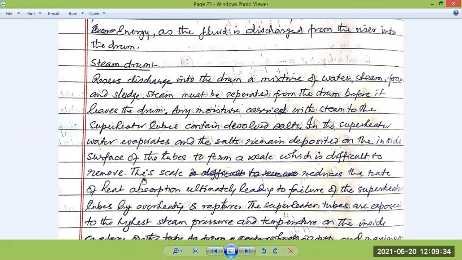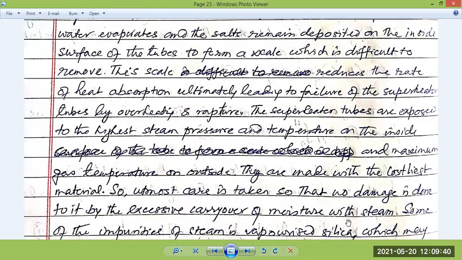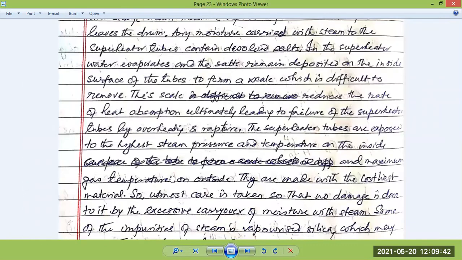This scale reduces the rate of heat absorption and ultimately leads to failure of the superheater tubes by overheating and rupture.